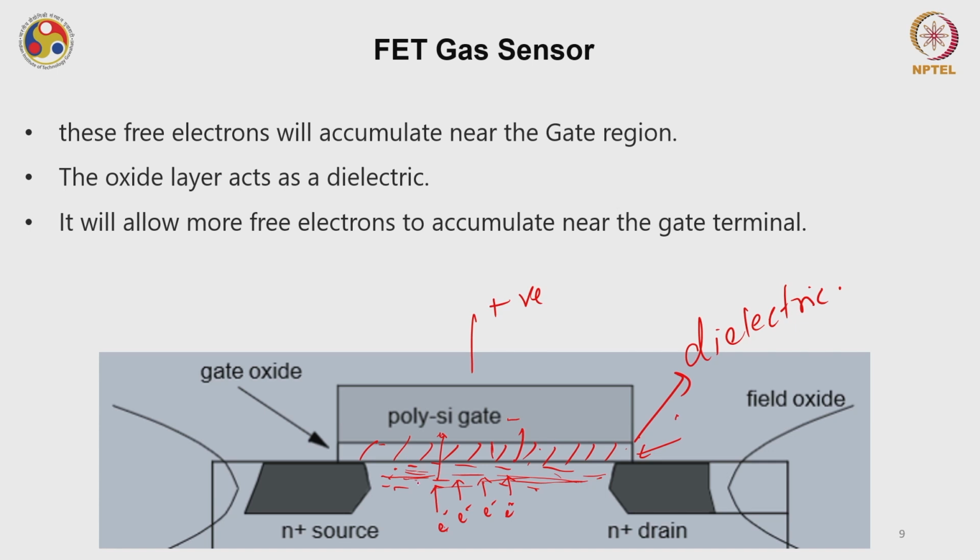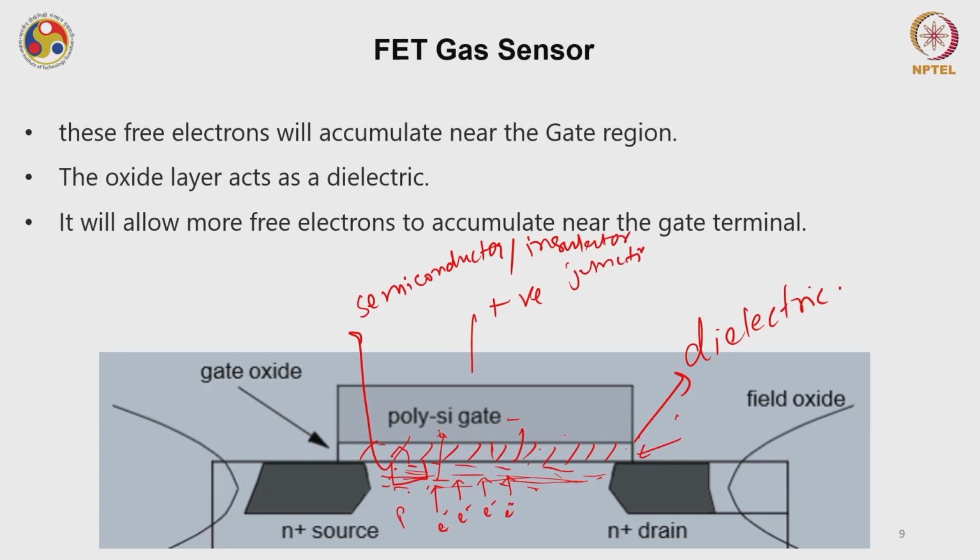Okay, here if you see, there are two junctions. One is semiconductor. This p-type substrate area is semiconductor, and then you have an oxide. Okay, so this junction is a semiconductor-insulator junction, right?